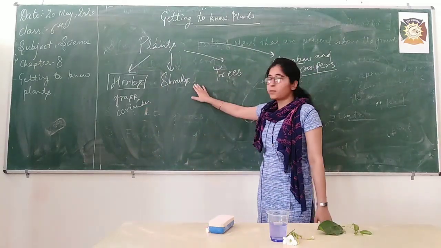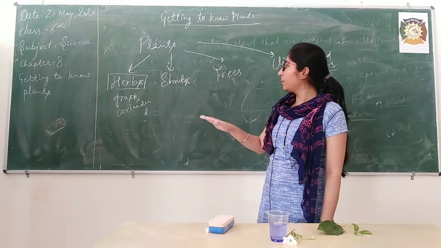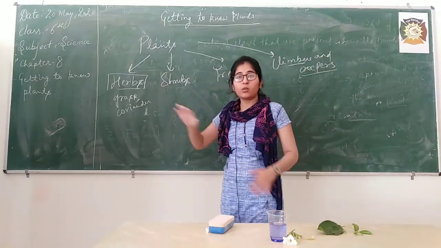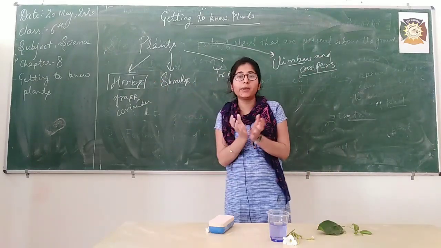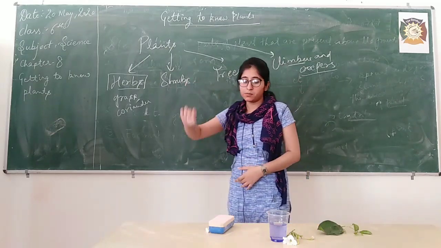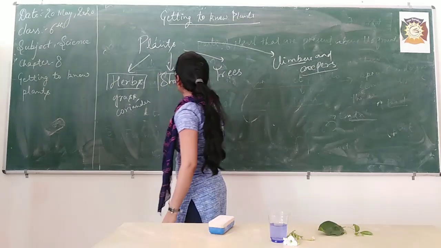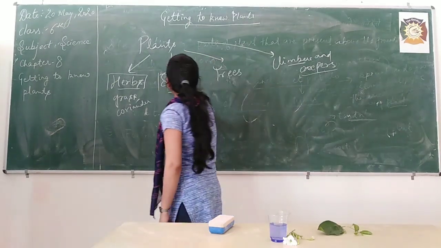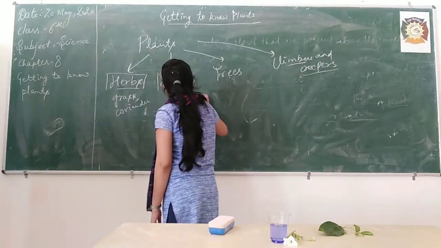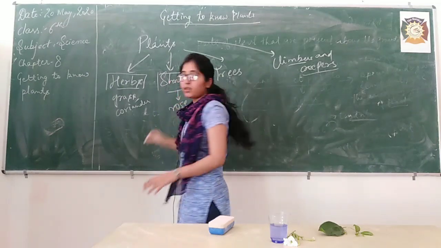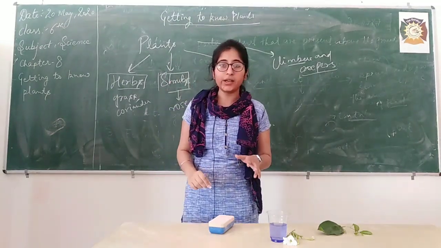After that, shrubs. Shrubs are somewhat bigger in height than herbs. And their stems are a bit stronger than herbs, right? So what are the examples of shrubs? Shrubs are rose plants, and tulsi is another example of shrubs, right?